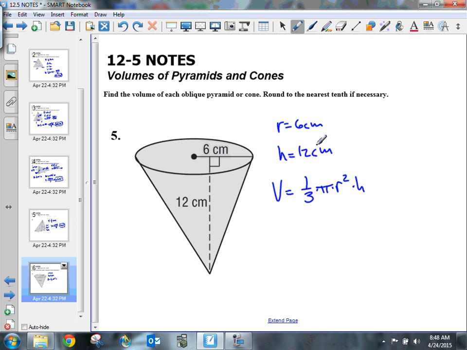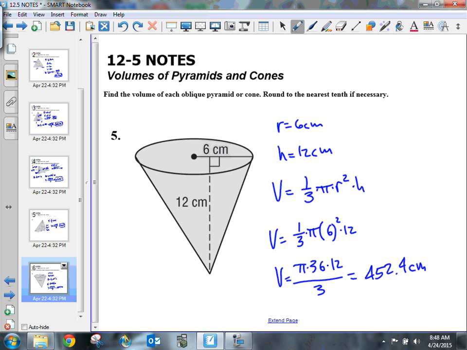So now I just take these numbers and plug them into my formula, and I get 1/3 times pi times 6 squared times 12. So our volume is equal to pi times 36 times 12, all divided by 3. If I plug that into the calculator, then you get a volume of 452.4 centimeters cubed.